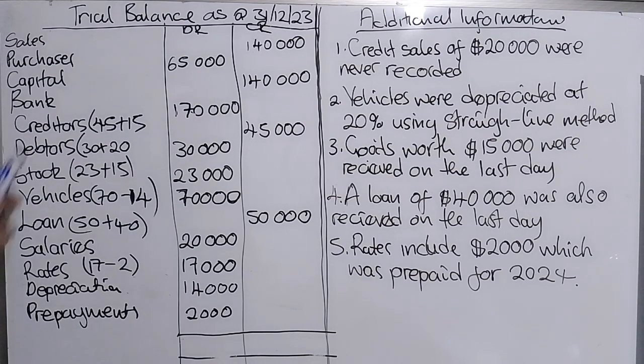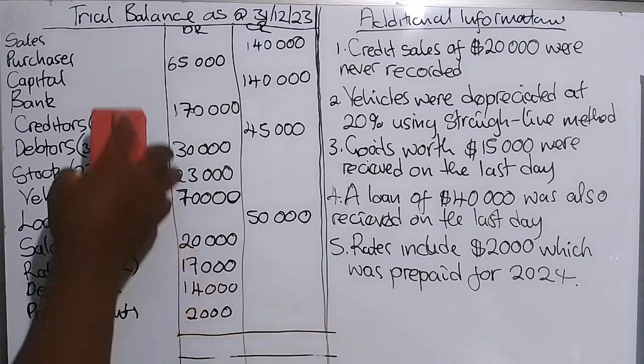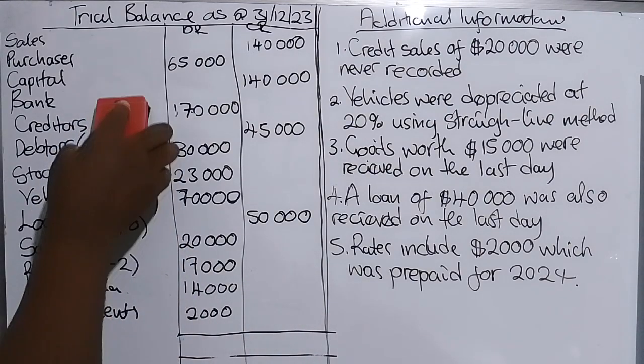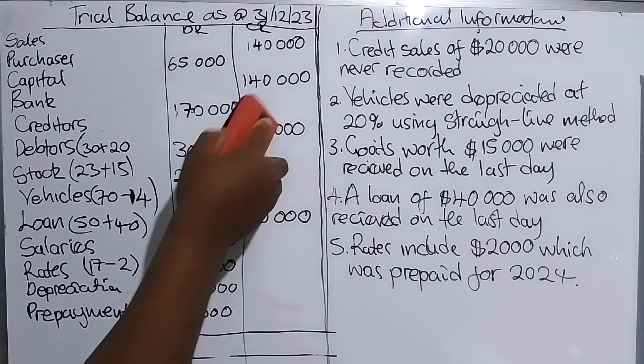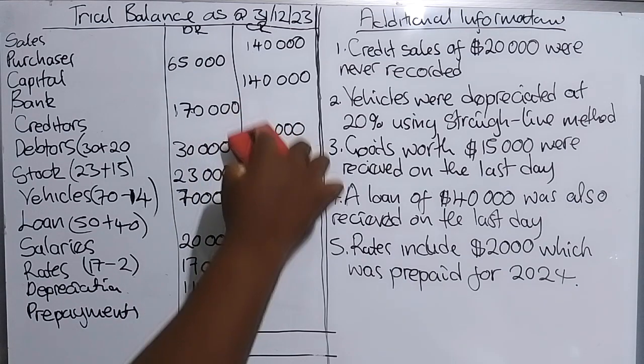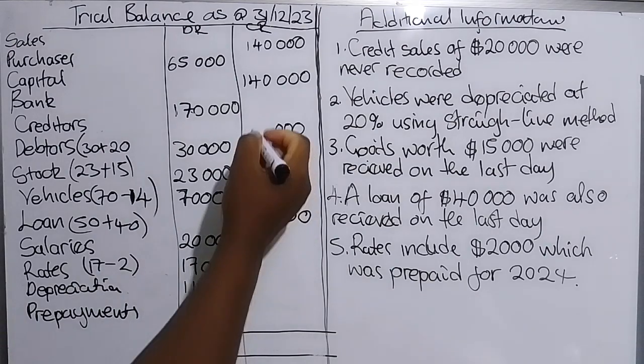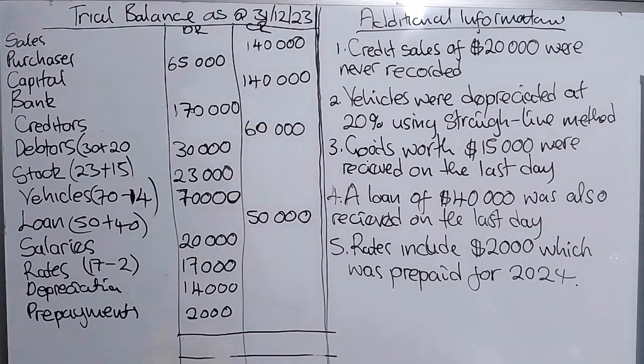Then we also move to creditors. They increased by 15,000. So the new figure will be 60,000. 45,000 plus 15,000, we get 60,000.